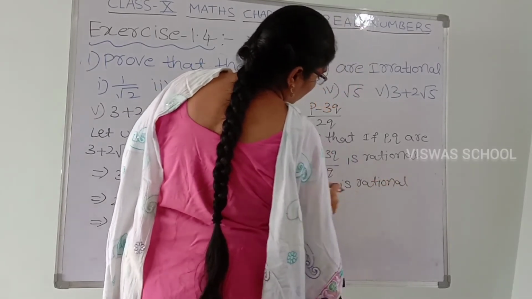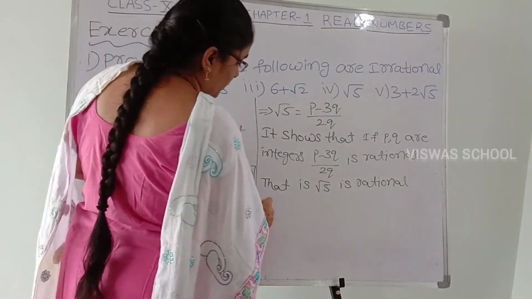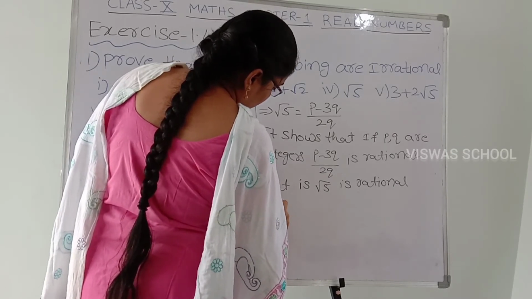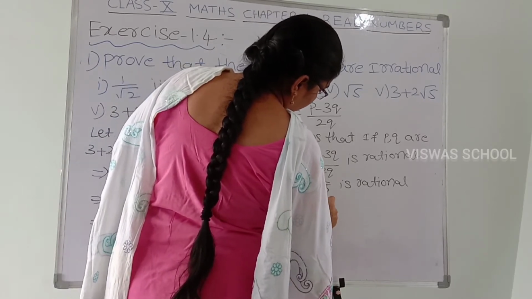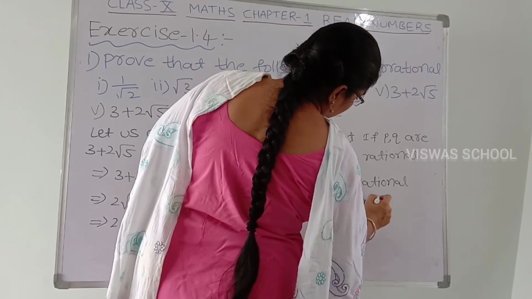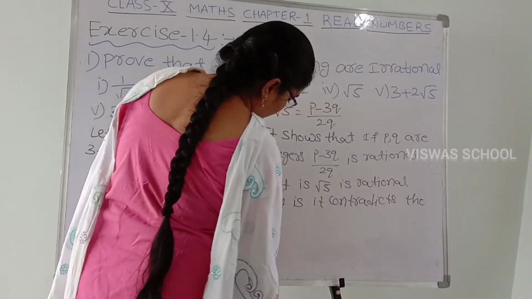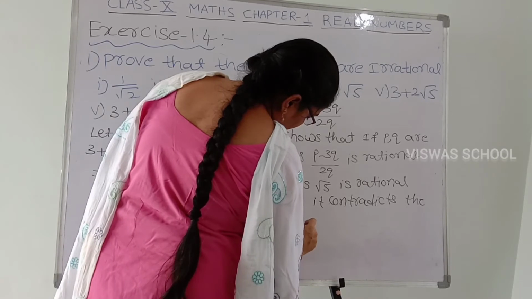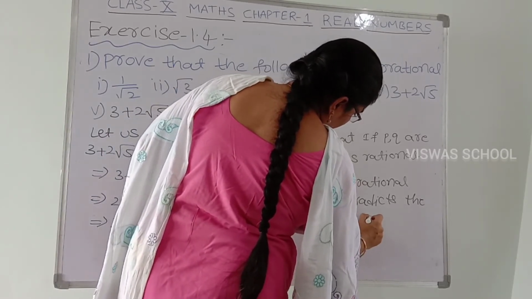But the fact is root 5 is not a rational number. Root 5 is an irrational number. That is, it contradicts the fact that root 5 is irrational.